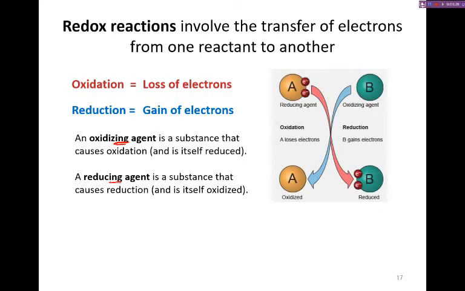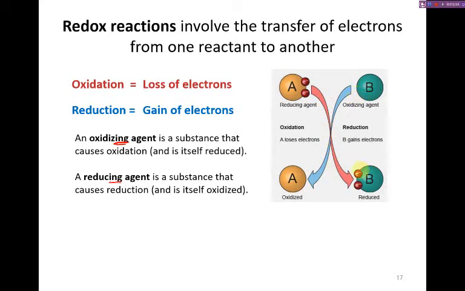So this we can summarize in the following diagram. The reducing agent gains electrons. It's causing the reduction to occur for substance B. And so the reducing agent donates its electrons to the oxidizing agent.